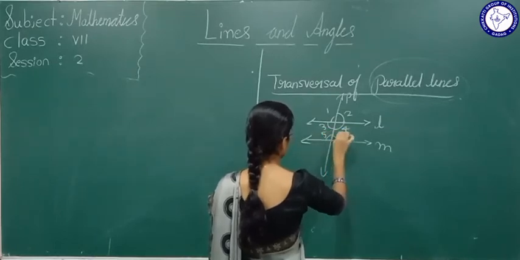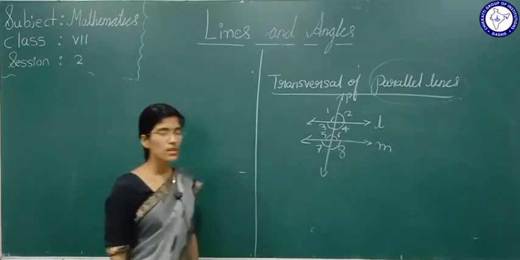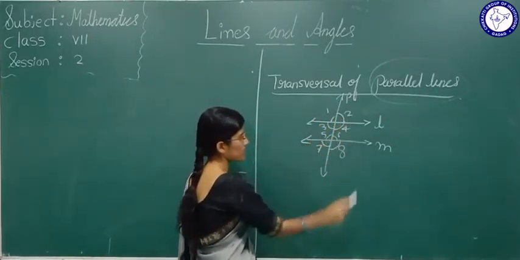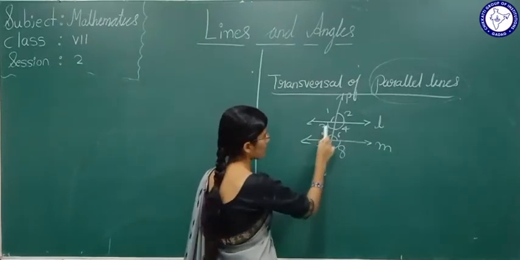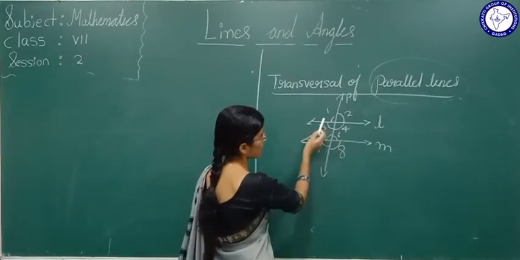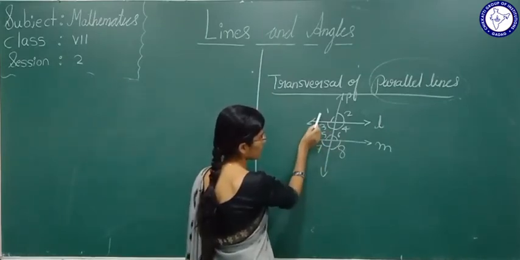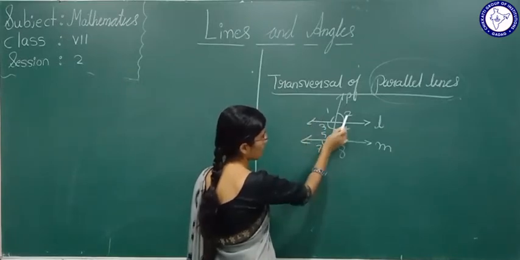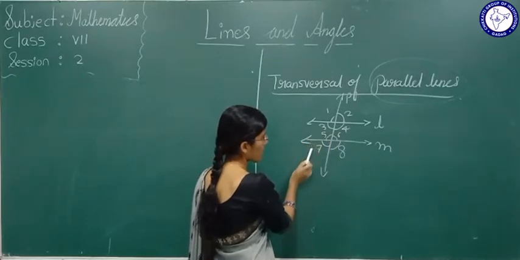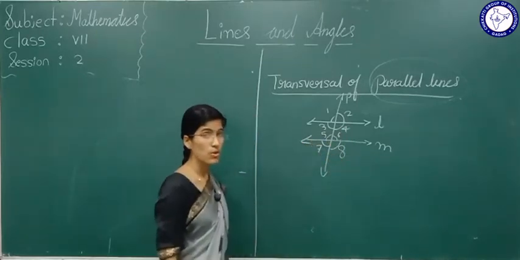Angle 1, angle 2, angle 7, angle 8 are called exterior angles, angle 3, angle 4, angle 5, angle 6 are called interior angles, and the corresponding angles are angle 1 and angle 5, one exterior, one interior. Angle 2 and angle 6, angle 3 and angle 7, angle 4 and angle 8 are corresponding angles.